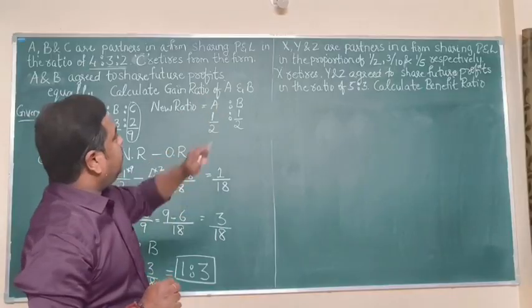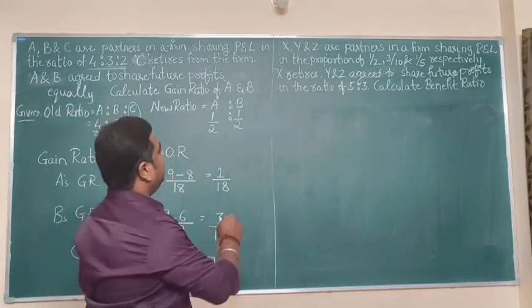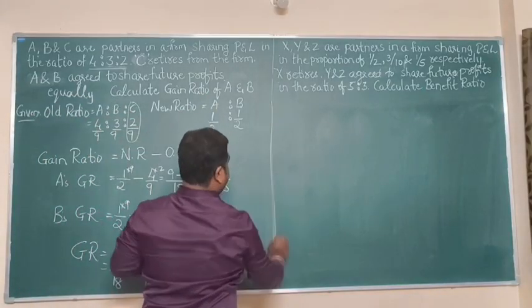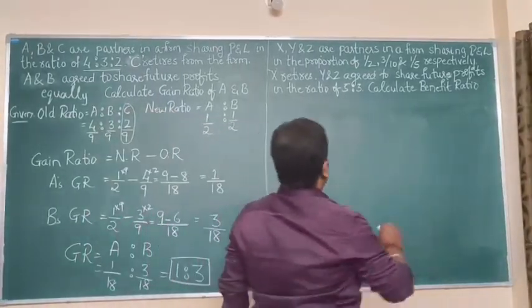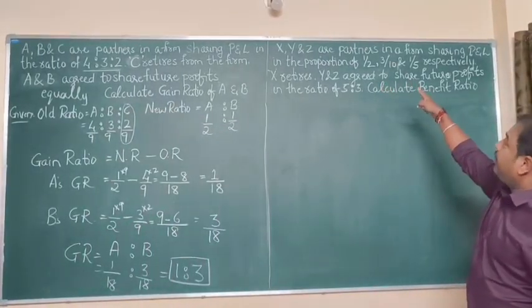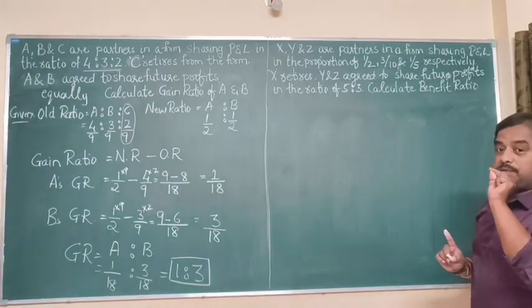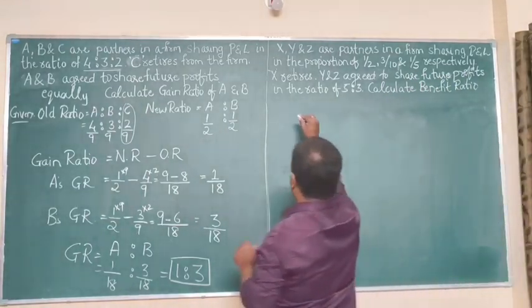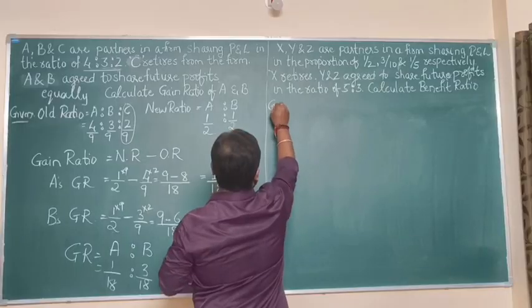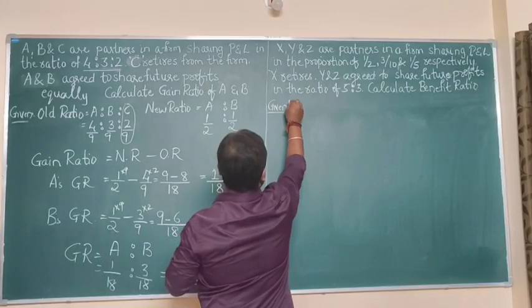Let's see. X, Y and Z are partners in a firm sharing profits and losses in the proportion of 1 by 2, 3 by 10 and 1 by 5. Now you can observe last three problems and this problem, what changed? Let us write first. What is given to us?